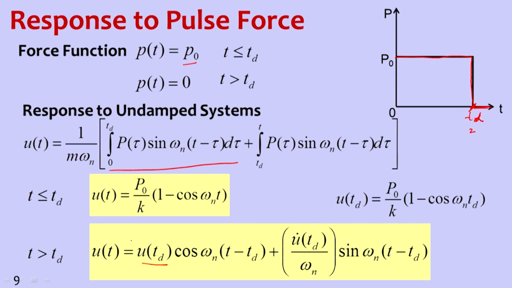The same problem can be understood in a different manner. Say a force is acting continuously from here forever, and a second force is acting in the negative direction from Td, like this.